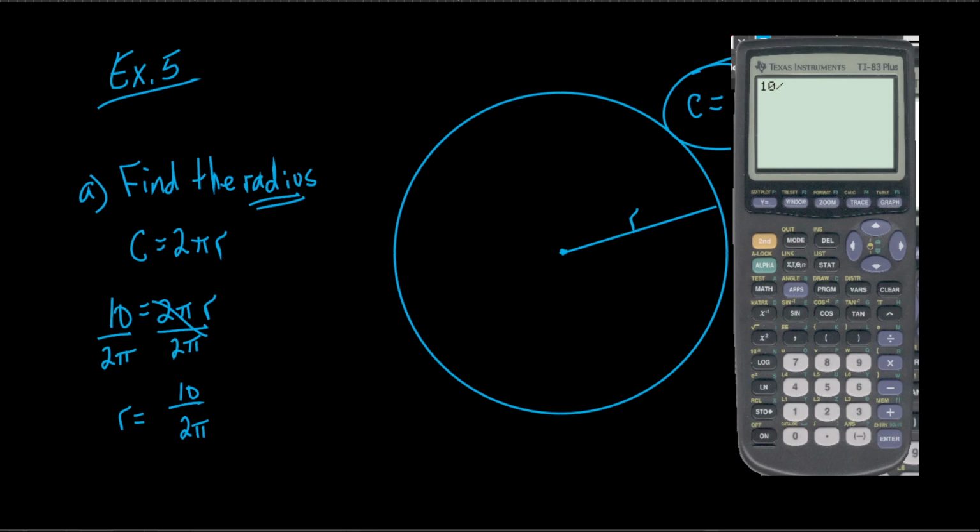And then 2 pi. I'm going to put 2 times, what's pi? What number do we use for pi? 3.14. Now listen carefully, because you're going to be asked this on a quiz. You do not use the whole entire pi button that the calculator gives you.